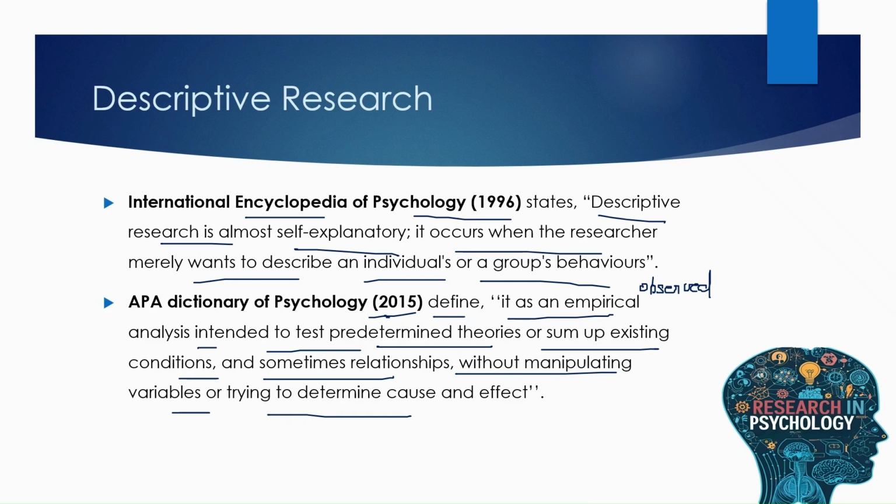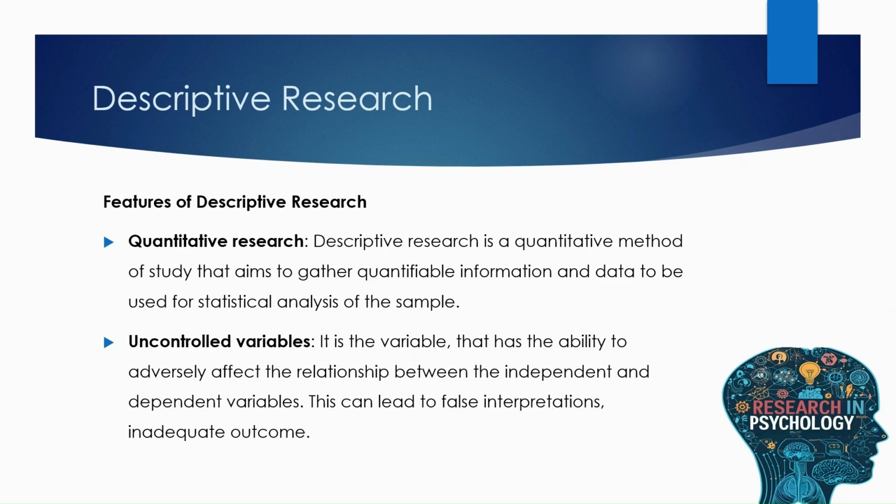So it is an empirical analysis intended to test predetermined theories, or sum up existing conditions and sometimes relationships without manipulating variables, which means no experiments, only observations, and without trying to determine cause and effect. There is no why here, only what, how, when, right? So this is the APA Dictionary of Psychology, which is giving a definition of descriptive research. We have completed the definition of descriptive research.